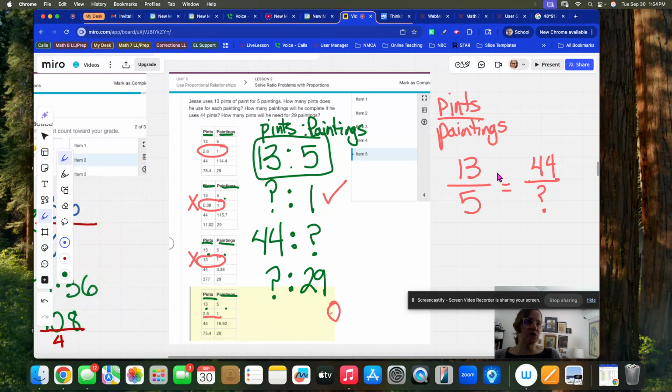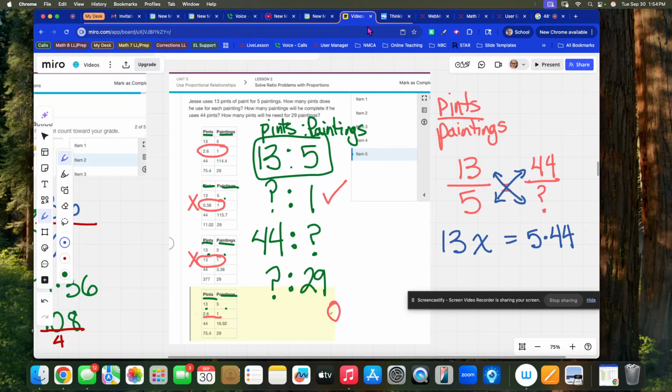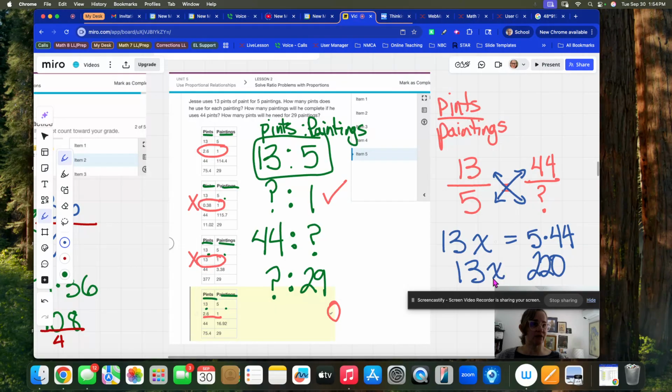So I'm going to go ahead and cross multiply. 13 times the quantity we don't know, I'll make that x, will equal 5 times 44. 5 times 44 is 220.